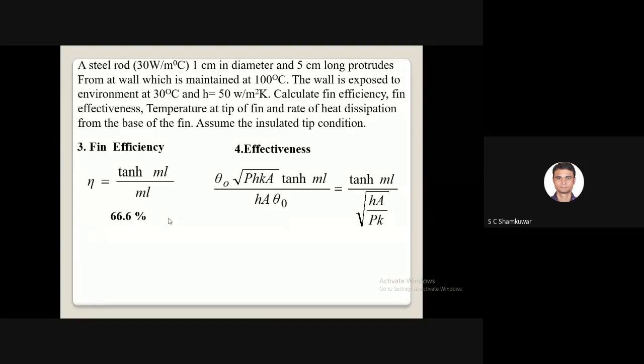I want the answer, effectiveness. Nikhil Ahire, have you left the meeting? Mihir Kulkarni, what is the answer of effectiveness?